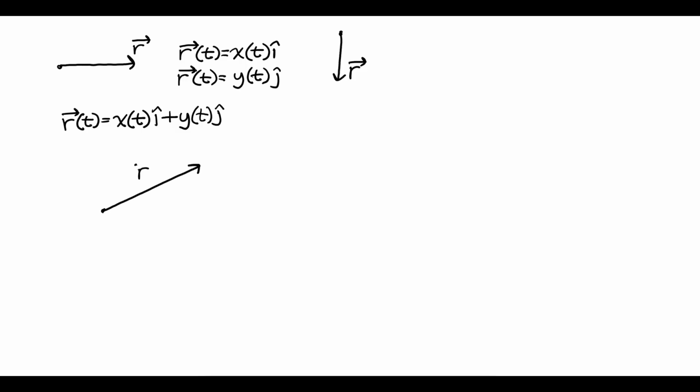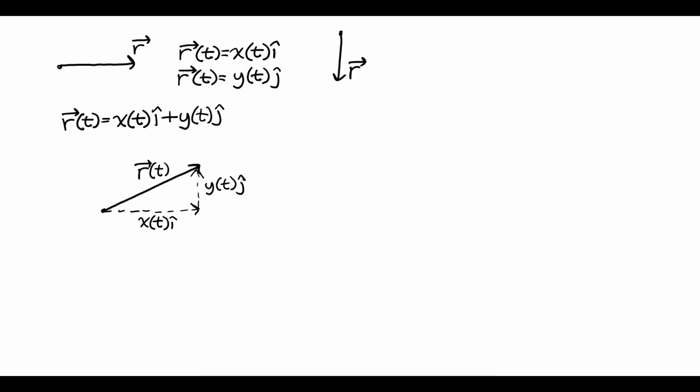Okay, so if this is r of t, this side will be x of t i, and this side will be y of t j. Easy enough, right?